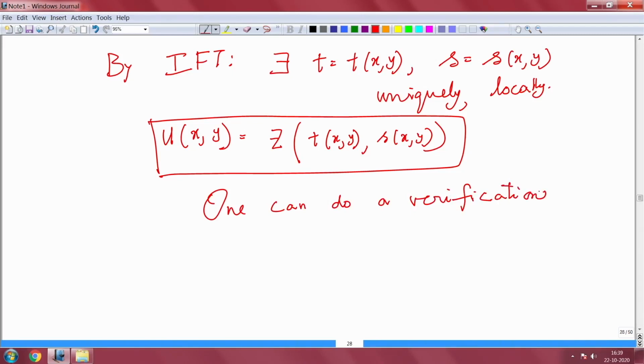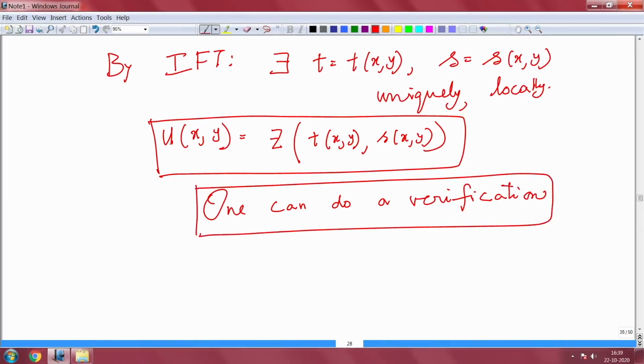I will not do that one, you can do that. You can compute your u_x, z corresponding to that, and you can show that it is indeed a solution.